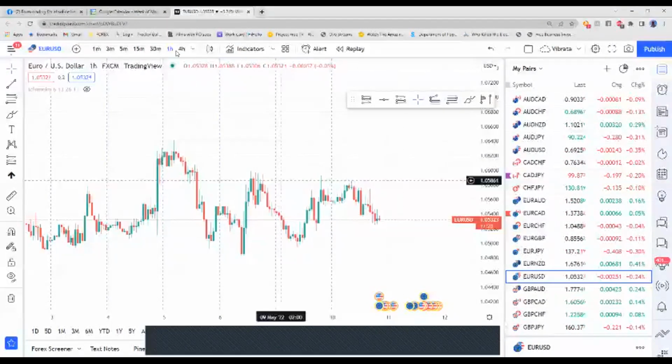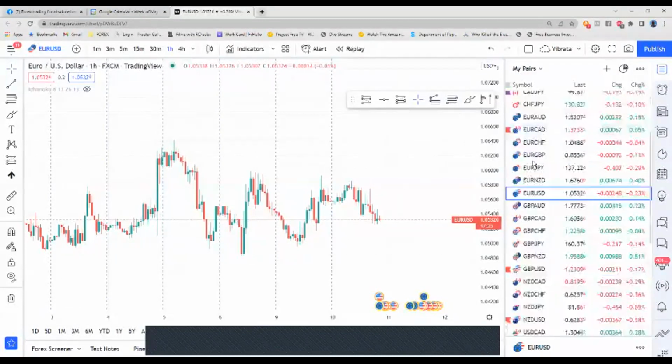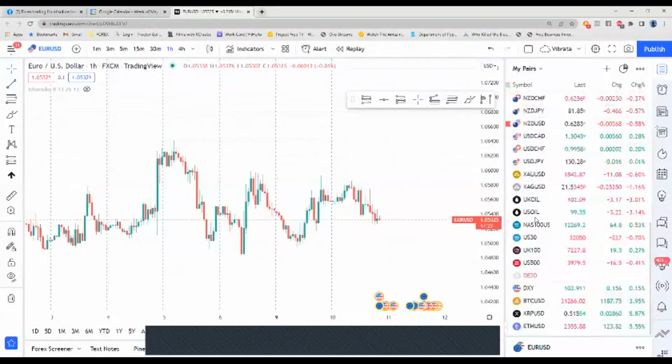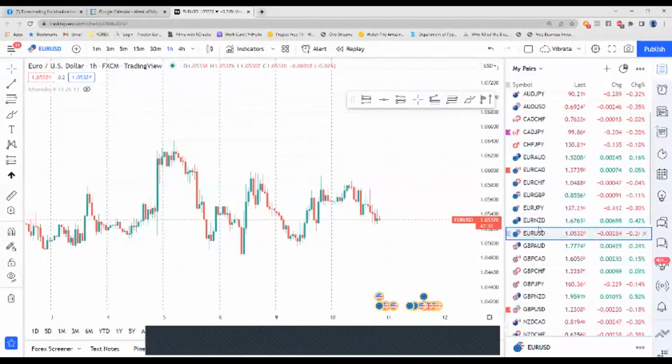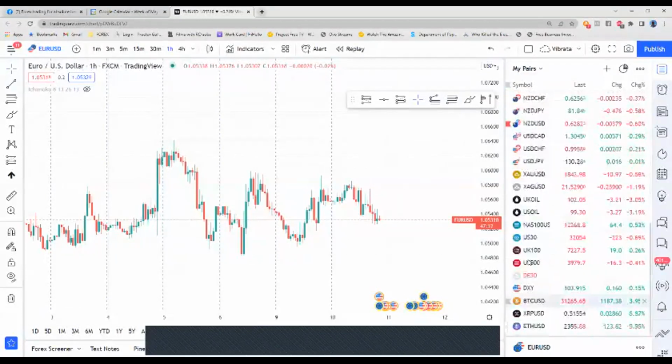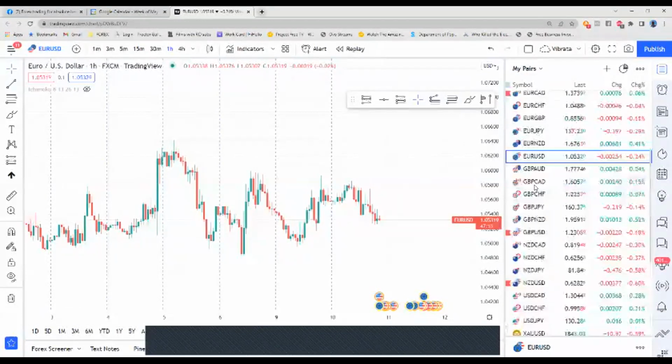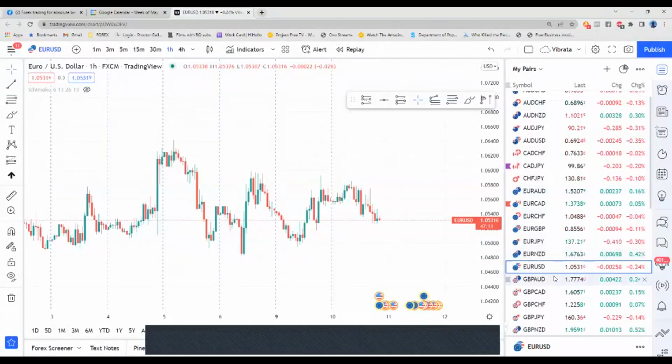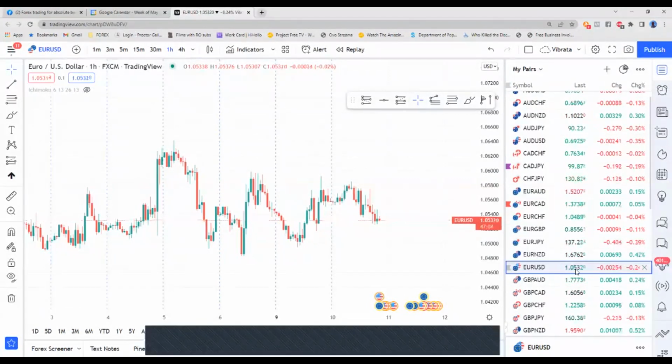So what TradingView does is it shows you all possible currency pairs that are tradable. It gives you even more than currency. It gives you crypto, it gives you oil, it gives you gold, silver, the whole lot. And as you can see, this is Euro USD. There is the price, the current price of Euro USD moving in real time.